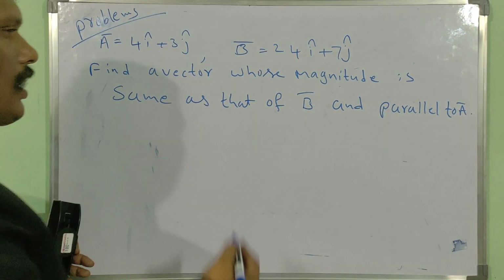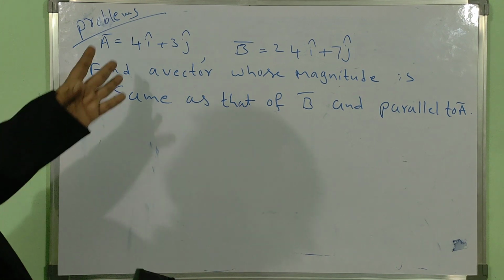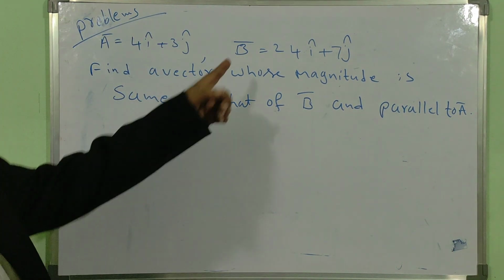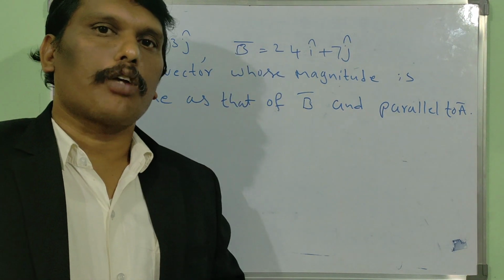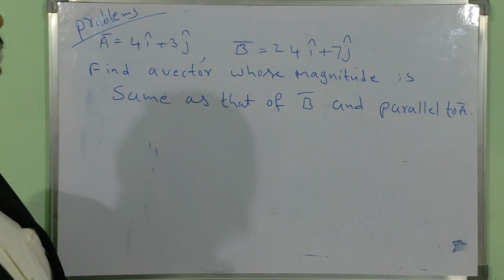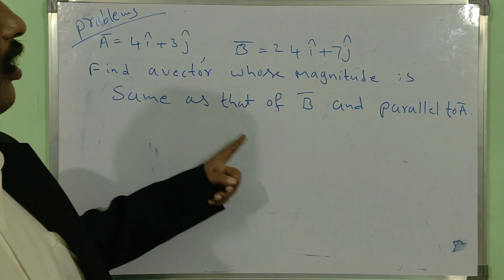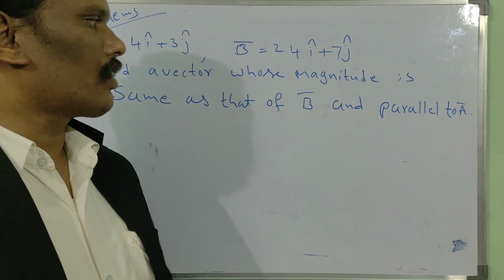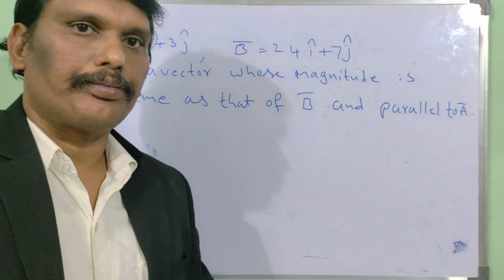Observe, that is what we need to calculate. Given vectors: A bar is 4 i cap plus 3 j cap, B bar is 24 i cap plus 7 j cap. Then what do we need to calculate? Find a vector whose magnitude is same as that of B bar vector and parallel to A bar.